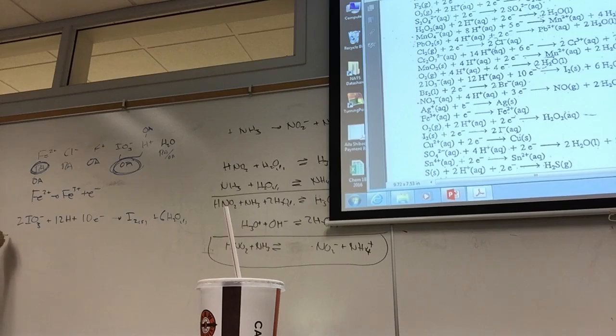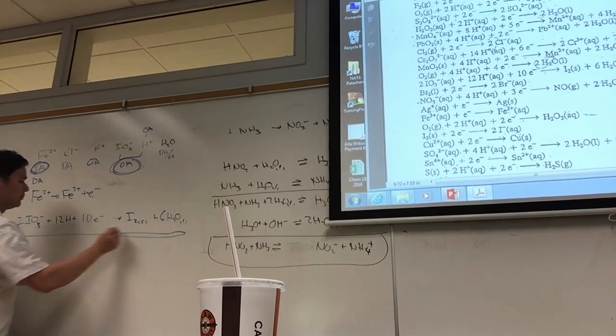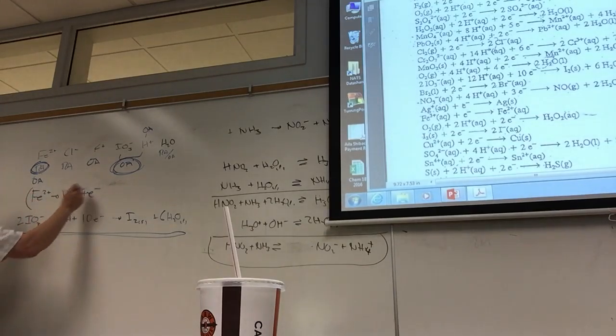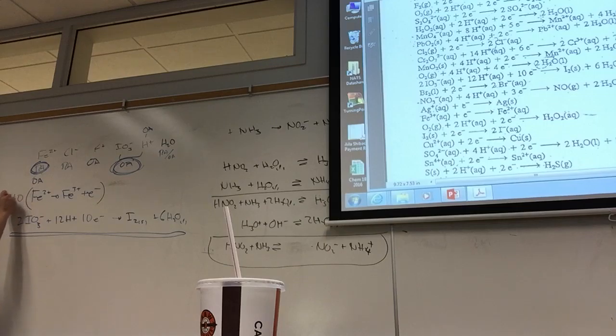Okay, then I need to combine these two half reactions. I have to make sure that the electrons produced equal the electrons consumed. And so the top one I'm going to multiply by 10 and add it up.